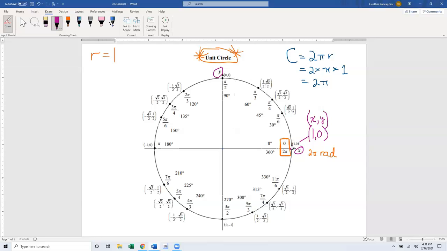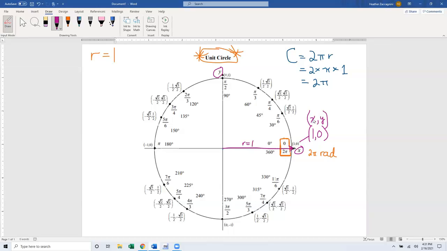So anywhere you see a coordinate given on this circle, you are being given X and Y. So here we're at 1, 0, positive 1, by the way. That means that we have gone 1 unit, which makes sense because we know that the radius is 1. And if I go straight across here from the center, I've gone 1 radius unit, right? So that's a distance of 1.